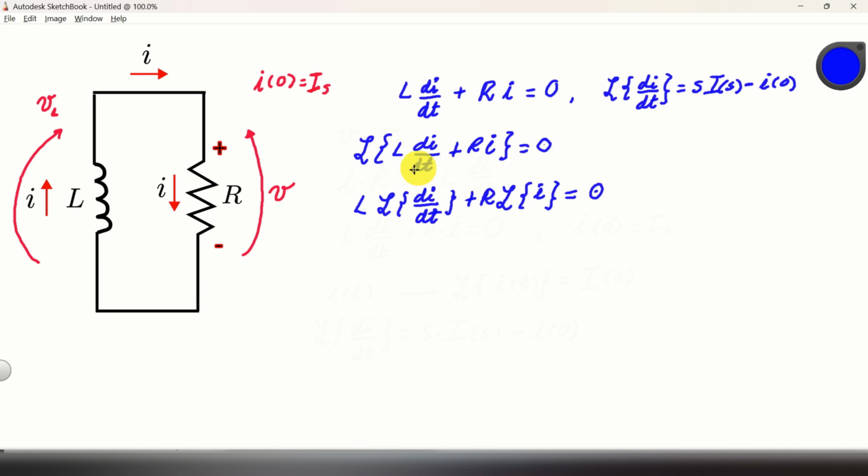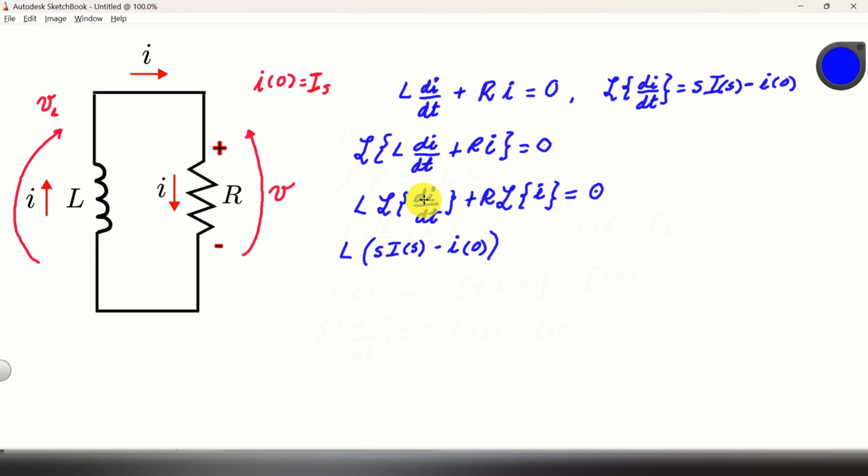Here are several important comments. First of all, the Laplace transform of a variable multiplying a constant is that constant multiplying the Laplace transform of the variable. This is the rule we use, same as here. Now let's apply this formula over here. So we have L multiplying S I of S minus, in the time domain, the initial condition.